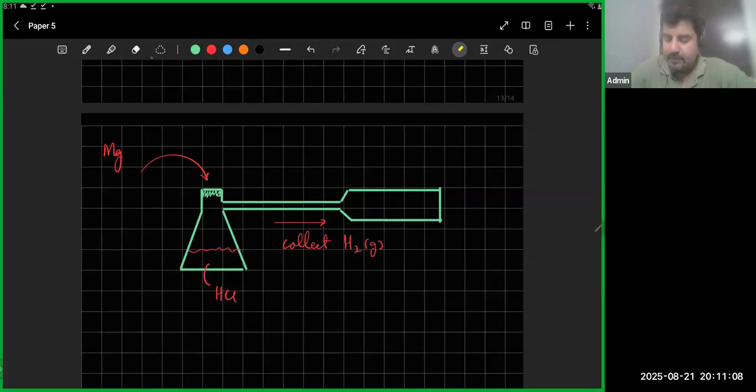So instead, if the apparatus is airtight, what you're going to do is keep the Mg inside, let's say, in a small tube. That's where your Mg is.